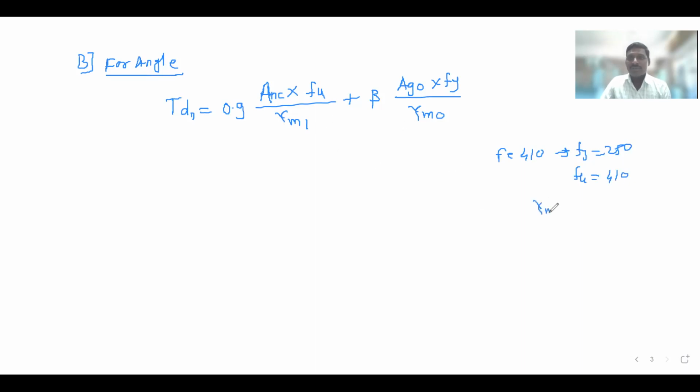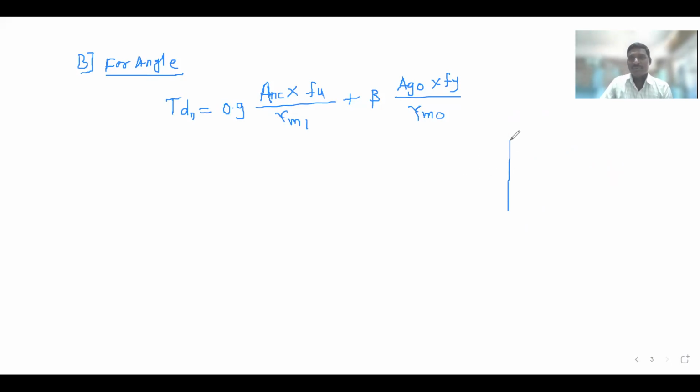Gamma m1 and gamma m0 are also known values. So now the unknown values are Anc and Ago for angle. So how to calculate Anc and Ago?